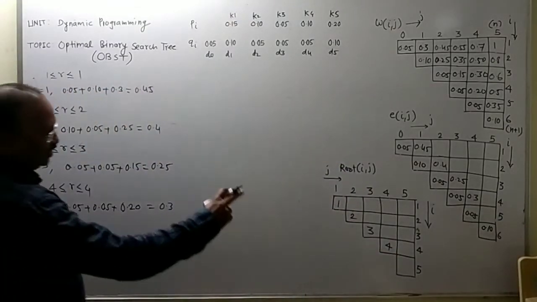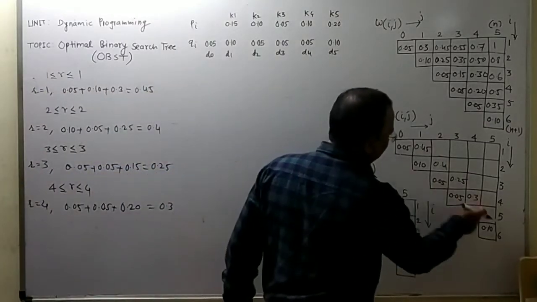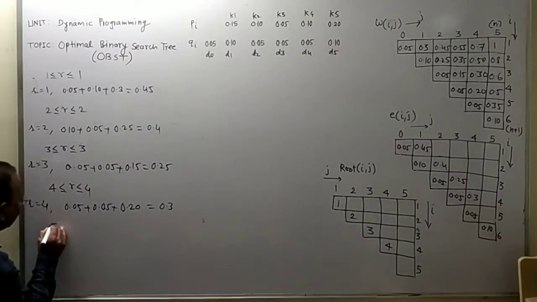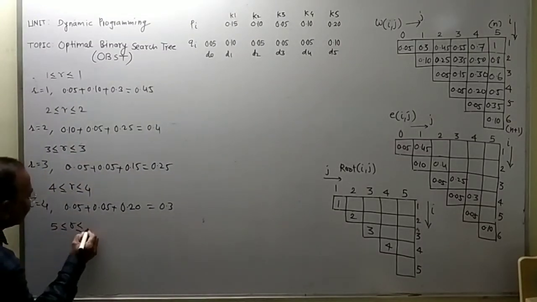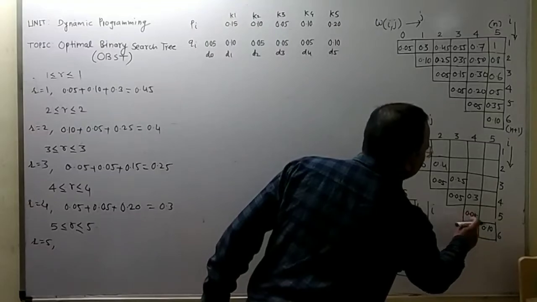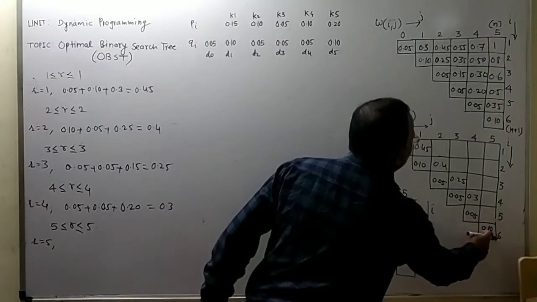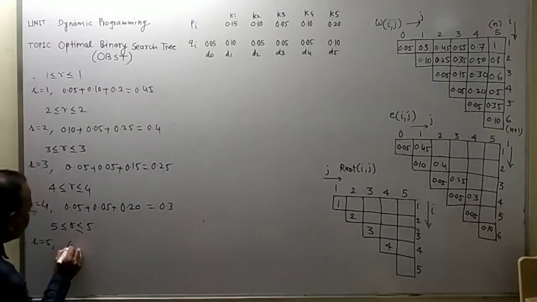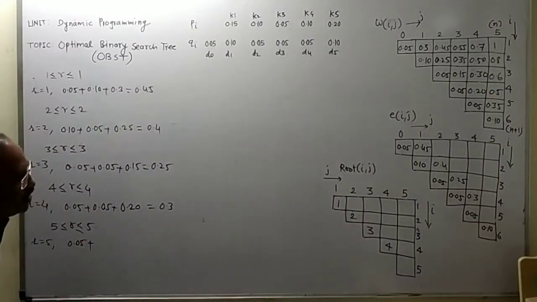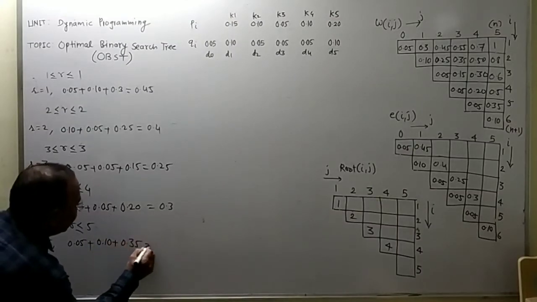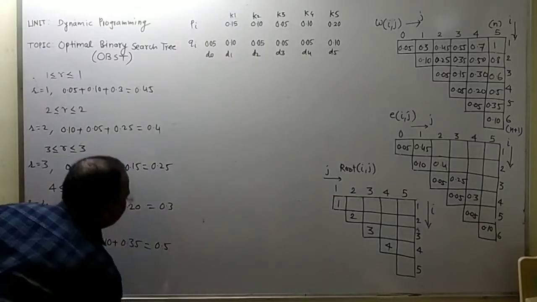Now for the last cell in this diagonal, that is 5, means I is 5, 5 less than or equal to R less than or equal to J is 5. For R is equal to 5 we have to add 0.05 with 0.10 with 0.35, that is 0.05 plus 0.10 plus 0.35, it comes to 0.5.